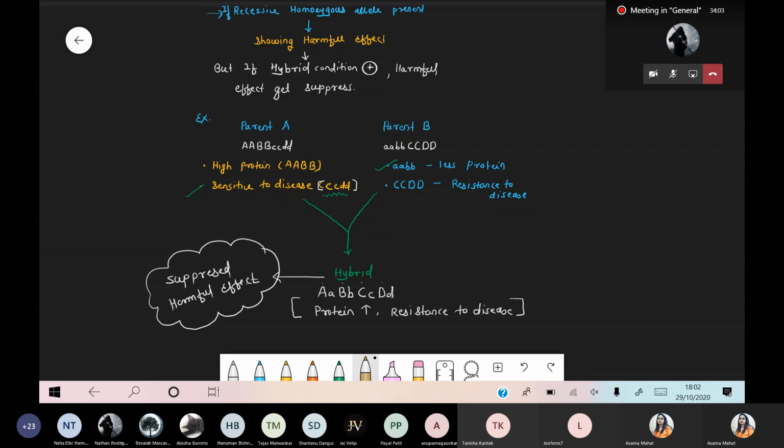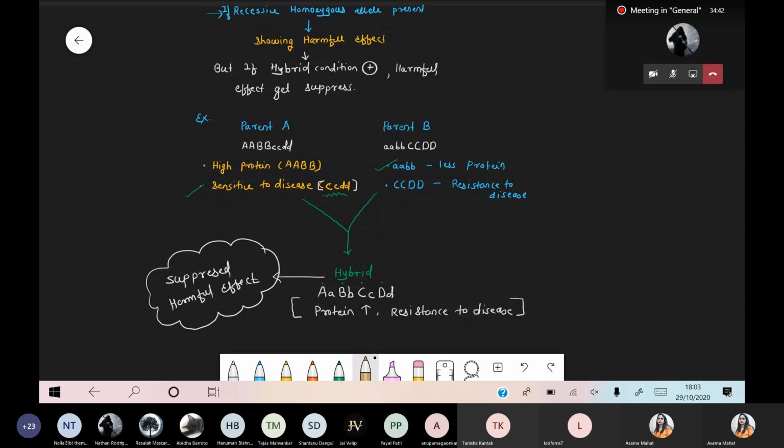Now the next point we are talking about is inbreeding depression. I hope you know this because it is similar to evolution depression. Okay, done.